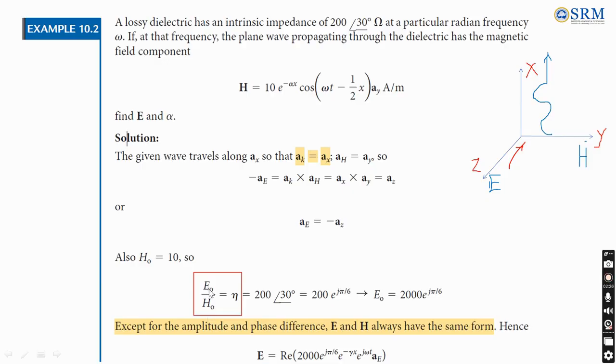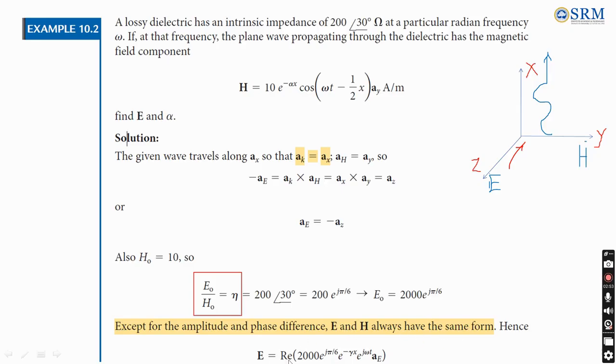So E naught is H naught, 10, into 200 with angle 30 degrees. 10 into 200 is 2000. 30 degrees I can write as e power j pi by 6, since 180 by 6 is 30. Except for the amplitude, phase difference and the unit vector, E and H have the same form.